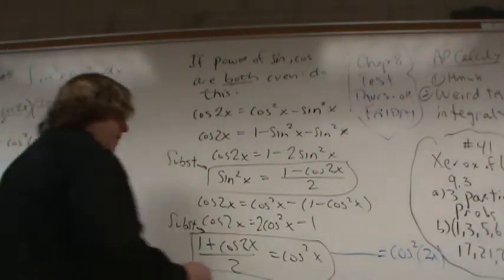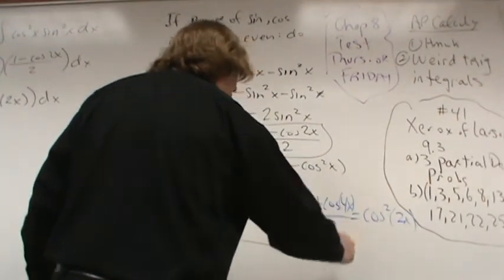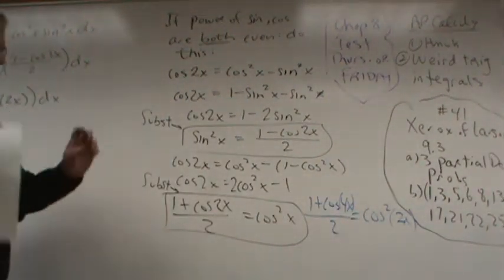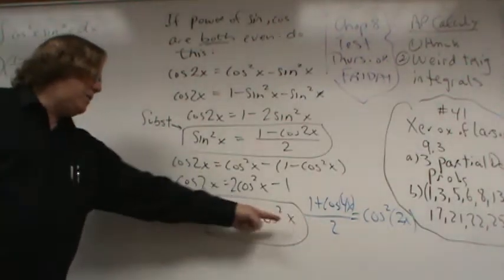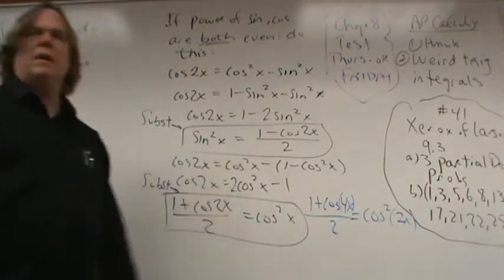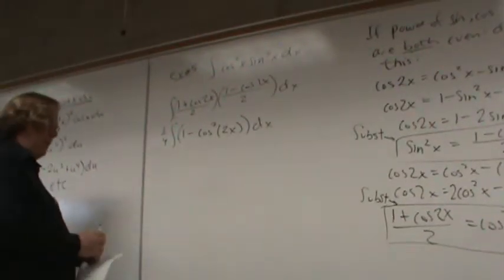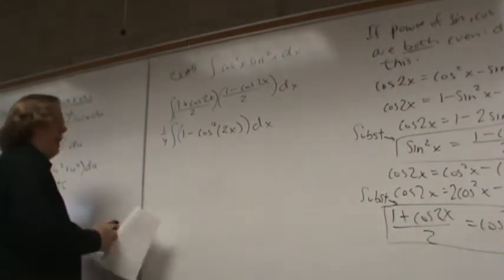Yeah, multiplied by 2. 1 plus cosine 4x over 2. You see? The double angle identity says whatever this is, just double it. This is 2x, I've got to double it and turn it into 4x. And so that's the substitution I'm going to have to make there.